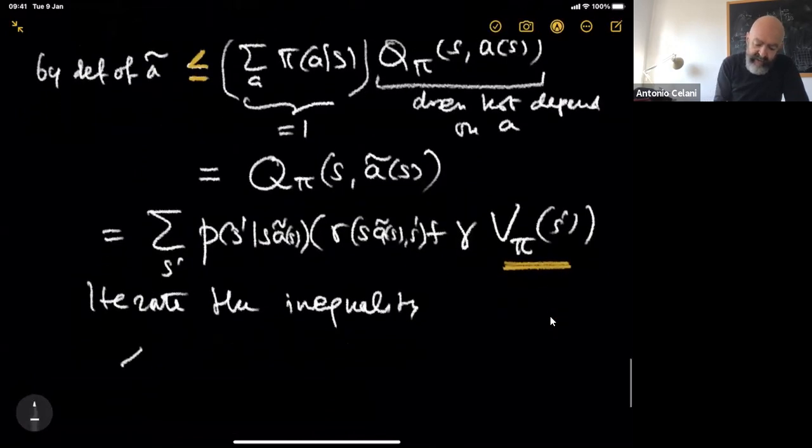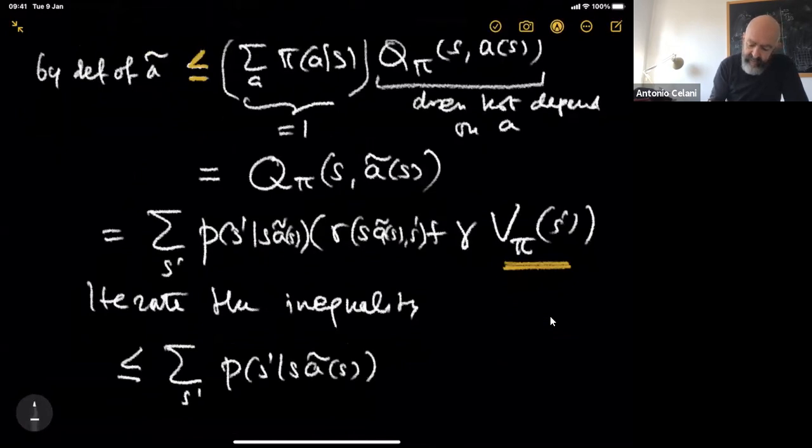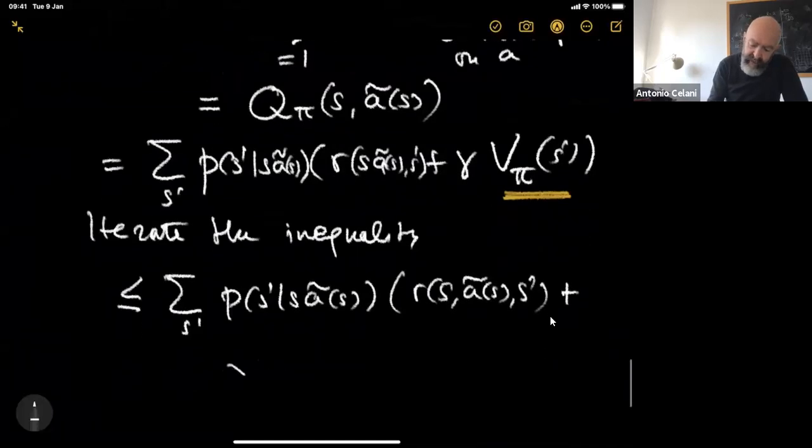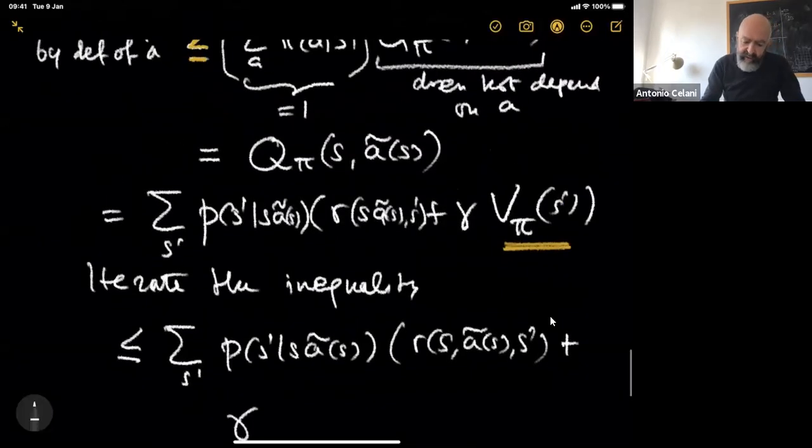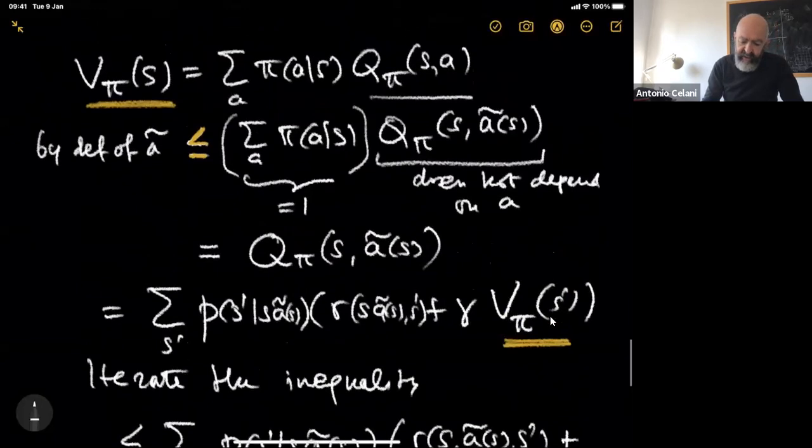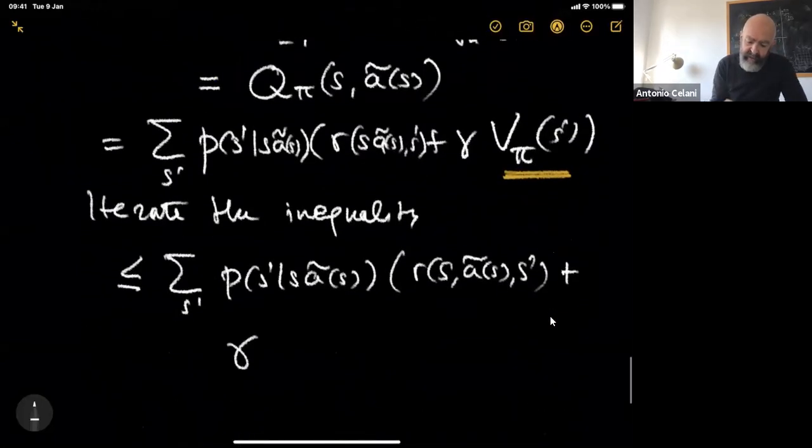And then I get that this is smaller or equal than, I have my first part here, sum over S prime, P of S prime given S and A tilde of S, times R of S prime, plus gamma. And now this object is smaller than, again, the right-hand side.